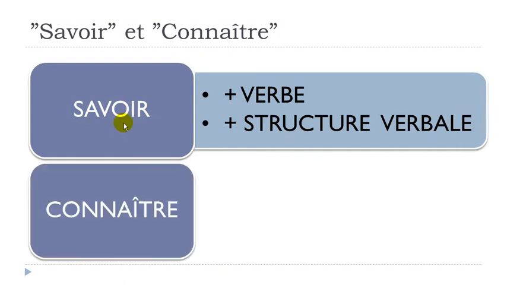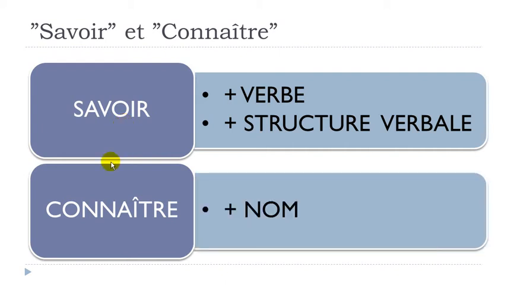But connaître, same meaning, as I said, it's to know. You will use connaître only if you want to put a name or a noun after connaître. So that's the main difference of use between savoir and connaître. Connaître plus a noun, avec un nom, and then savoir with a verb or a structure verbale, or let's say a sentence if you want.